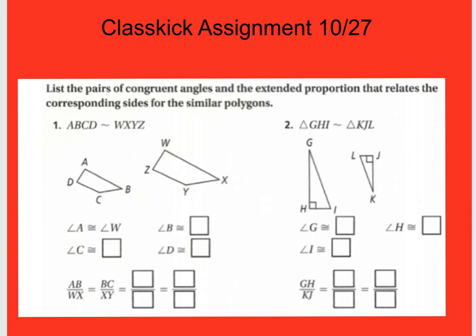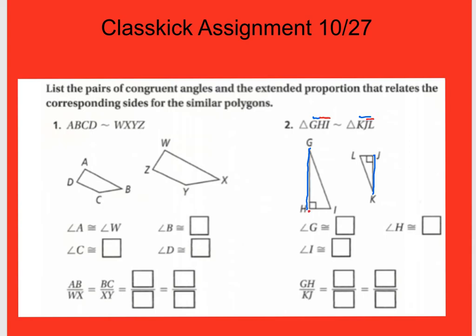Okay, now one other thing real quick. GH and KJ match up. They are the same sides. All right, does that make sense? I hope I'm not confusing you. Now let's do HI and JL.